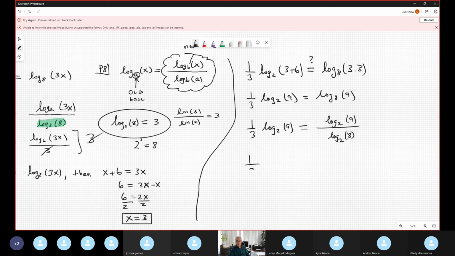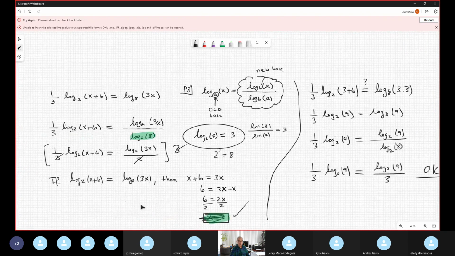So 1/3 logarithm base 2 of 9 is equal to logarithm base 2 of 9 over 3. It's the same, no? The multiplication by 1/3 and division by 3 is the same. It's okay. The solution 3 is perfect. Don't erase. The solution set for this equation is x equals 3.